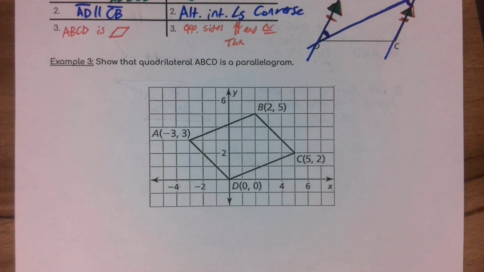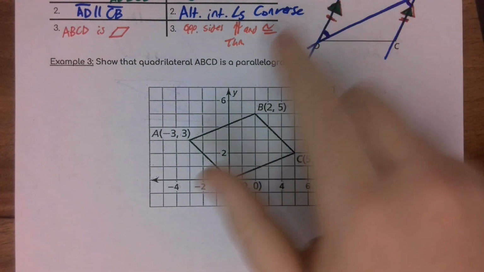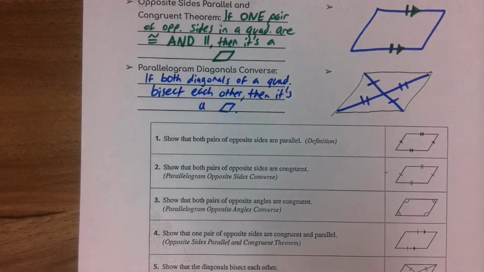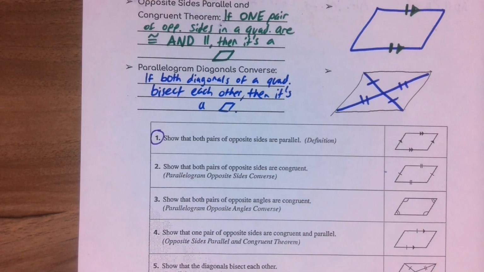What we can do is find if the opposite sides are parallel, if the opposite sides are congruent, or, sort of like how we did up here, a combination of the two on one edge. Those three theorems can be used to show that something is a parallelogram on a graph. Theorem 1 is the definition of a parallelogram.